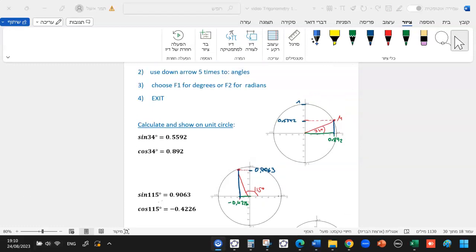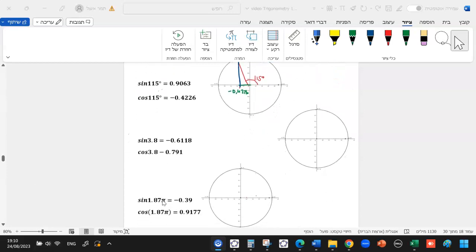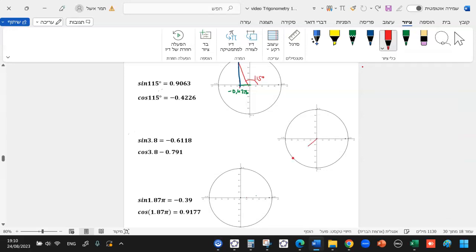Next example is for a radian, 3.8. We have sine and cosine of 3.8 here. And on the unit circle, 3.8 is around here. This is around 3.8 radians. We have x coordinate and y coordinate.